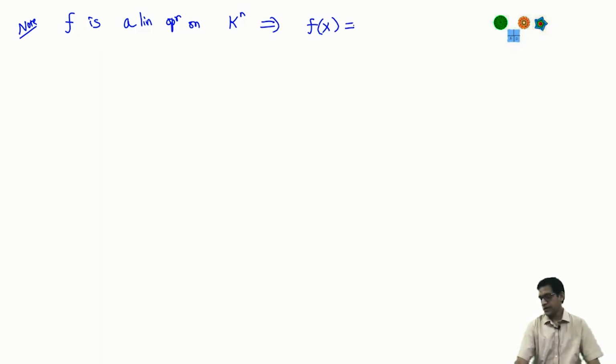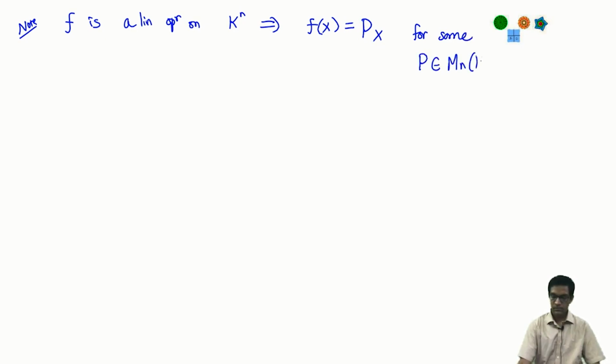Okay, so let's call it the matrix P maybe. If you wish, this is just a matrix of this linear operator with respect to the standard basis of K^n. Okay, so any linear operator always has a matrix, and in this case I take the standard basis, I compute the matrix of f with respect to the standard basis.